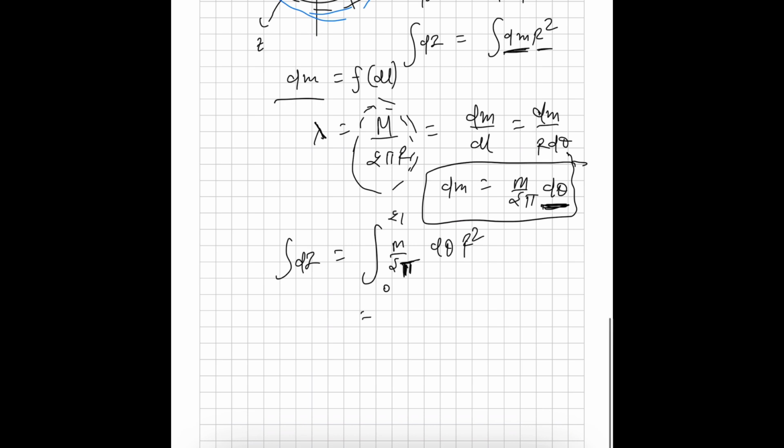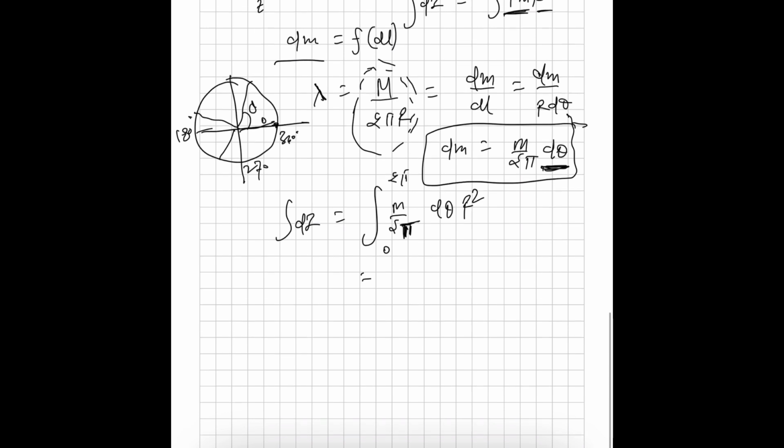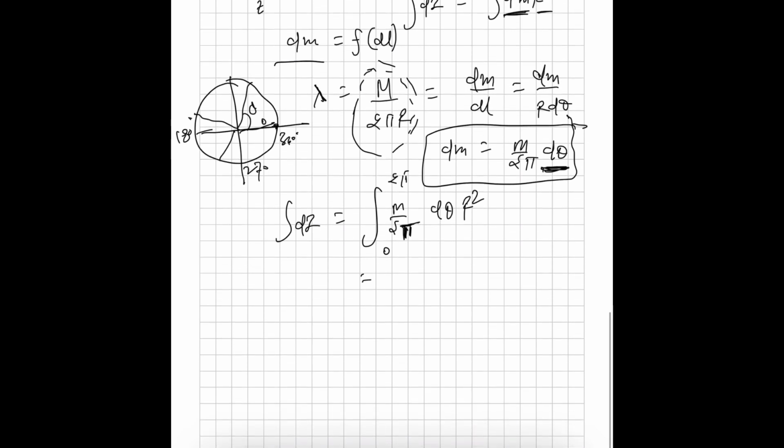Limits will be from 0 to 2 pi because this is the ring. So the angle here it is projecting, it is 0. Then here it will be some theta. Here it will be 180, 270, and again 360. And I'm using radians.